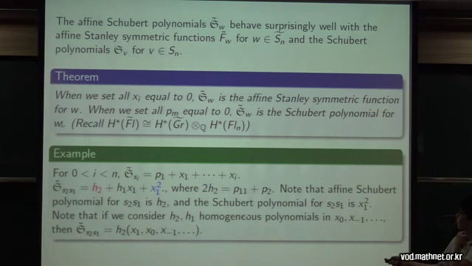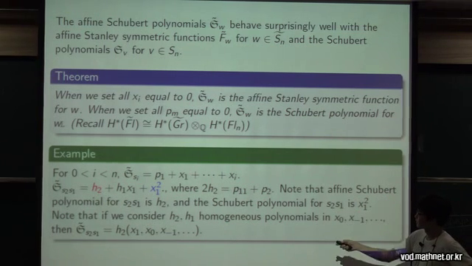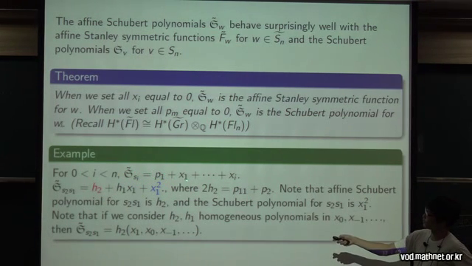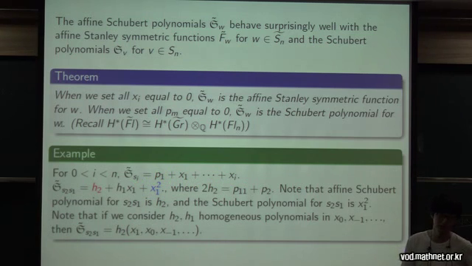Here are some examples. The affine Schubert of s_i is like this. When you set p_1 equal to 0, this is the Schubert polynomial for s_i. When you set x_i equal to 0, p_1 is the affine standard symmetric function for s_i. That holds generally.